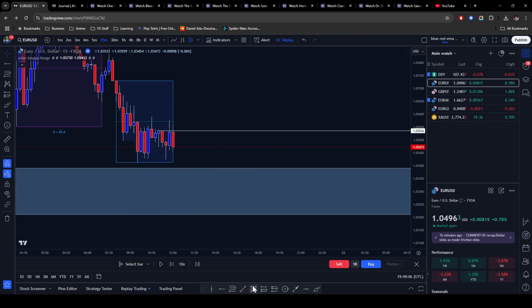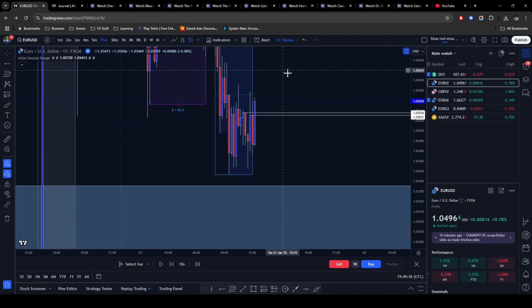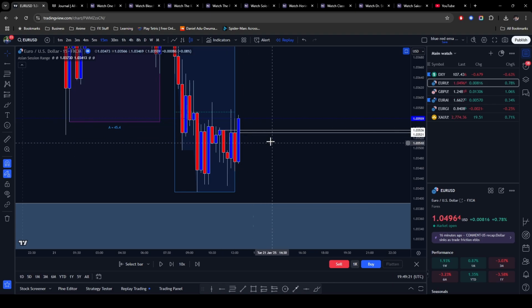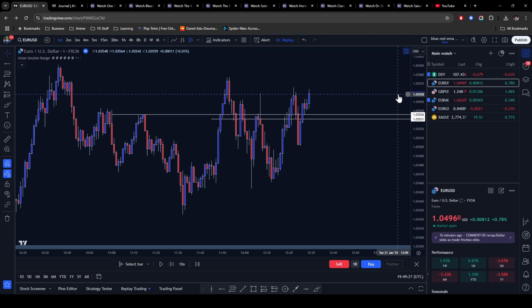So now we've got this area, that area. You see how this is not quite as significant as this, but now that we've got this, I was looking for it to trade down here on the 1 minute and then get some kind of price action that I would like to see.